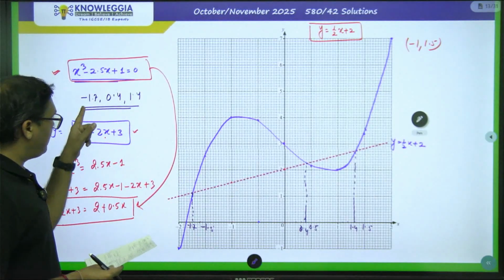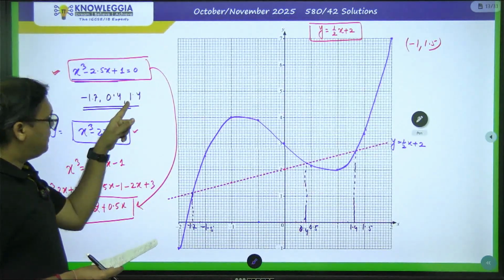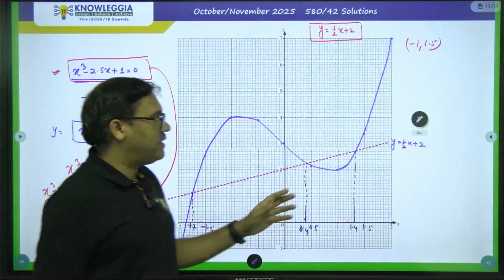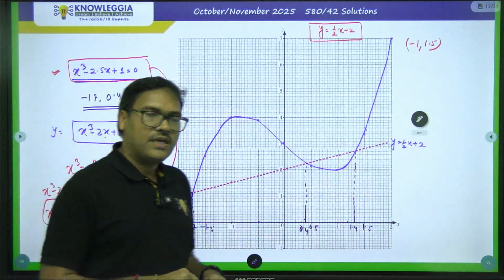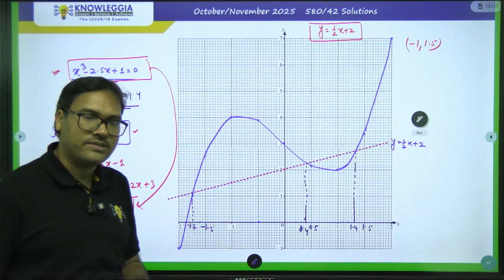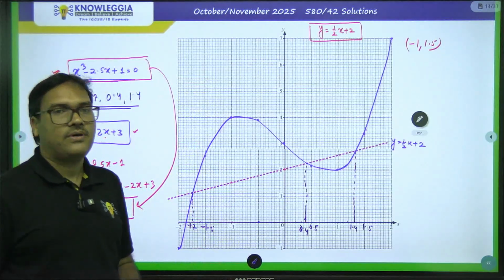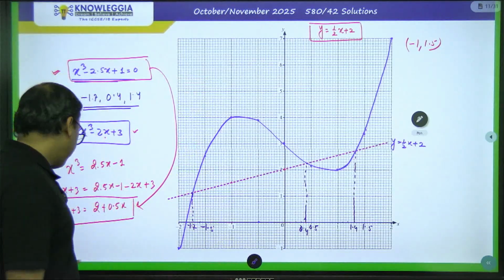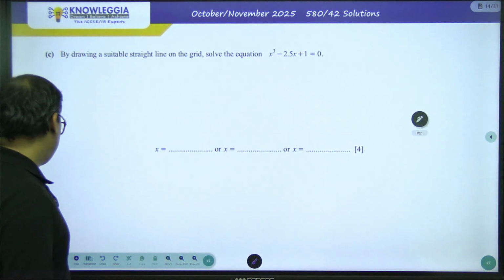You can see this is minus 1.87, which is correct. 0.4 is correct. And this is 1.4. So basically they have given the range, because it is approximate value calculation, that is why they have given the range also in the question. So this is how you solve this type of question, where you have to use a graph to solve a particular equation. I hope this is clear. Okay. So that is the answer for this question.